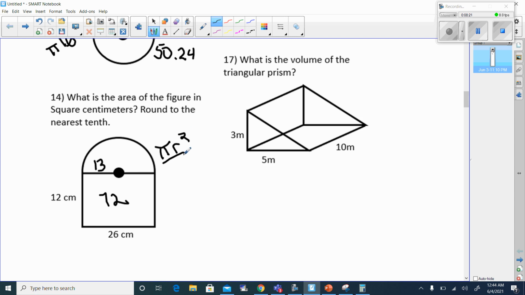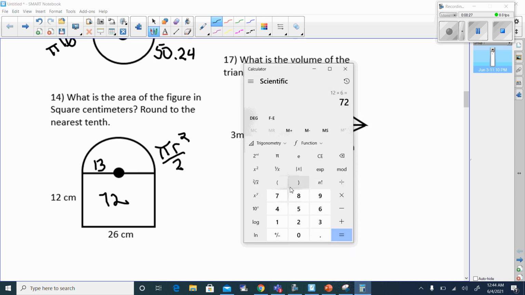So this is going to be pi r squared divided by 2 since it's half a circle, right? So I know that the radius is 13, so I'm going to have to say 13 squared, 169 times 3.14, right? And equals, and then I'm going to divide it by 2.